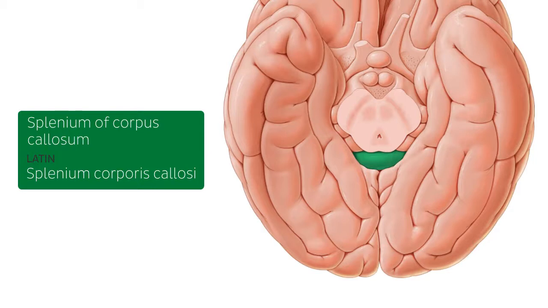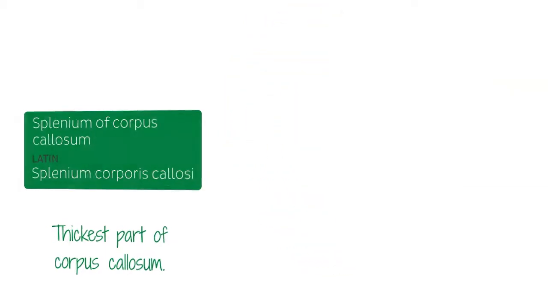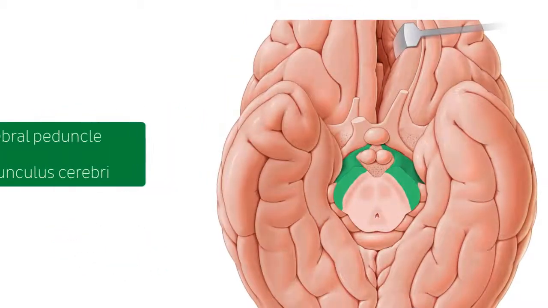Now, the splenium is the thickest part of the corpus callosum, and it overlaps the tela choroidea of the third ventricle. Next, we're going to be highlighting then the cerebral peduncle.